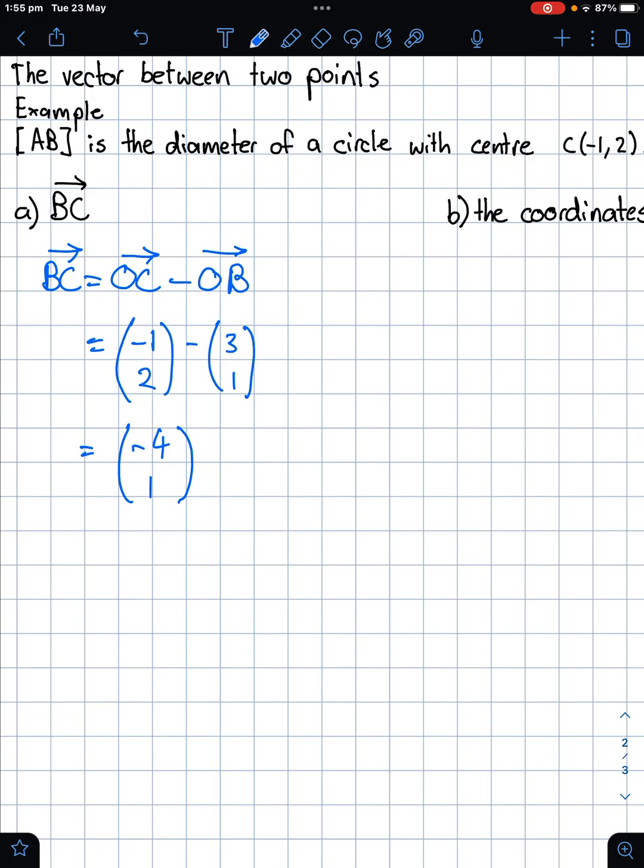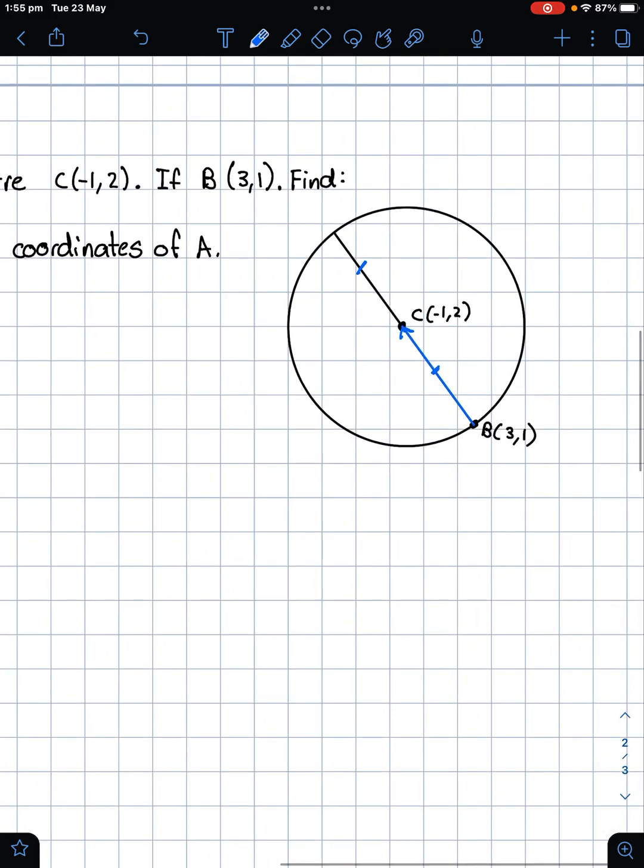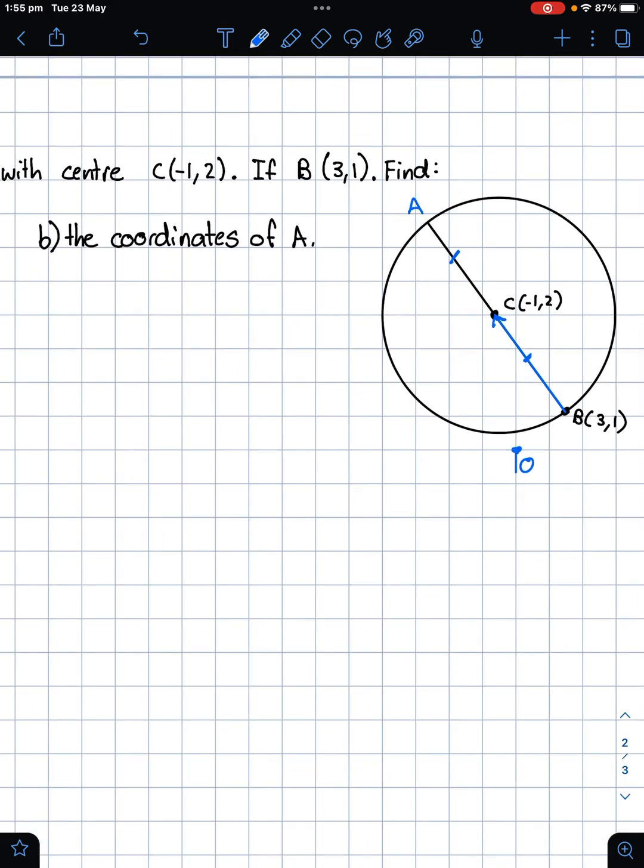Now, let's just pretend the origin would end up being somewhere here, like x at -1 would be in line here, and then sort of down here. Let's pretend this is the origin. For this next question, we're looking to find the coordinates of A, which is this coordinate here.